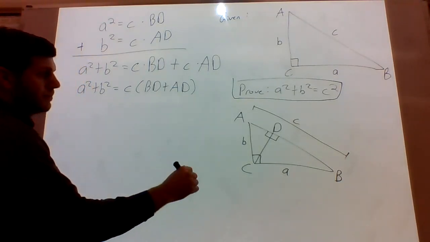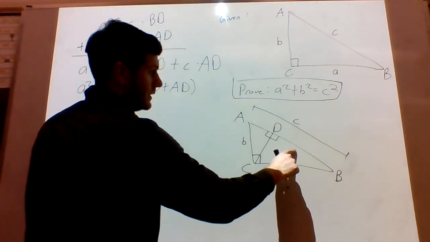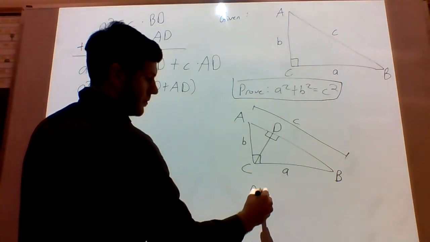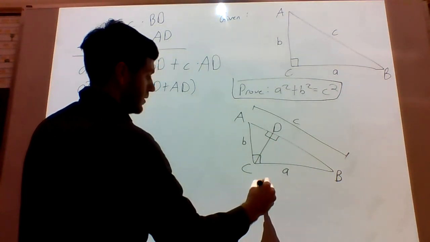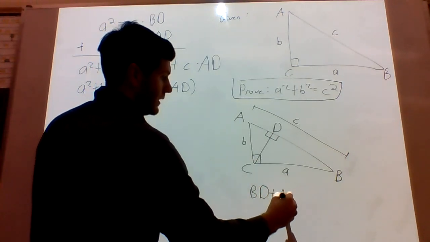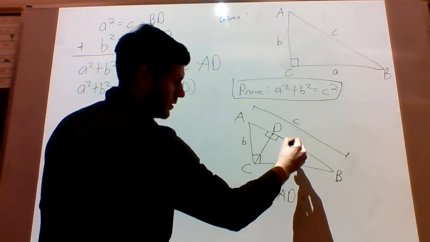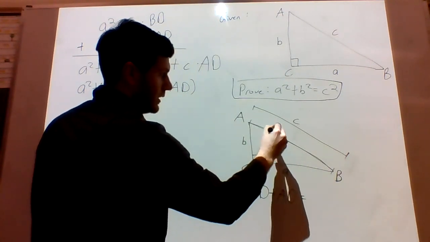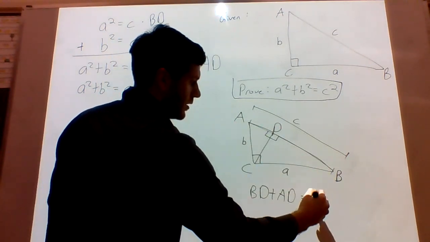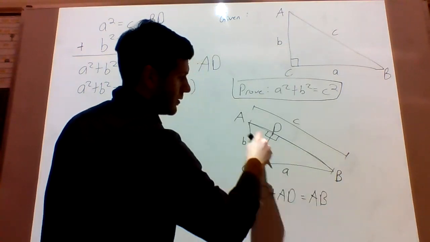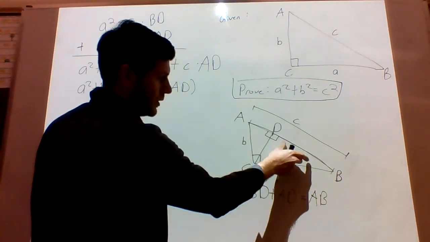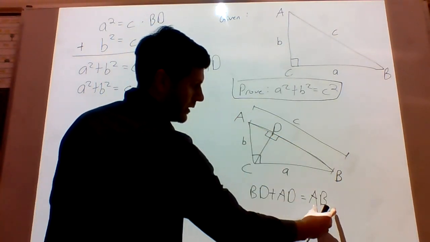BD plus AD is going to equal AB. It's going to equal the whole thing. These two pieces added together give us AB.